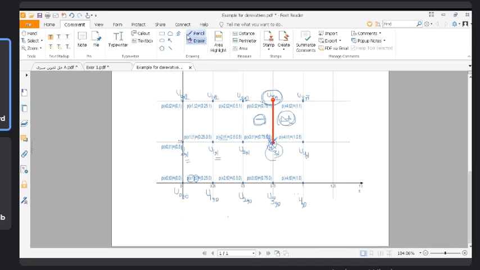I write your exercise. You should compute UT at i and j, and UX at i and j.